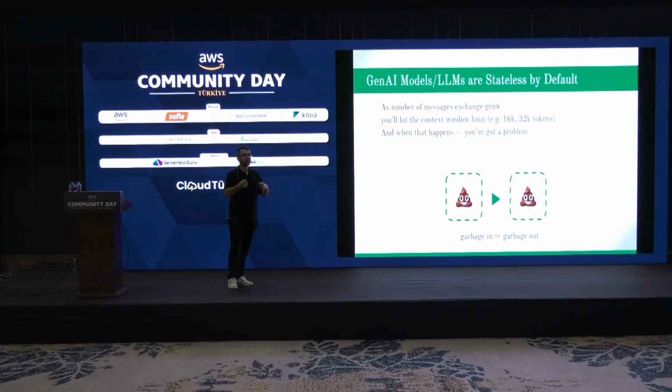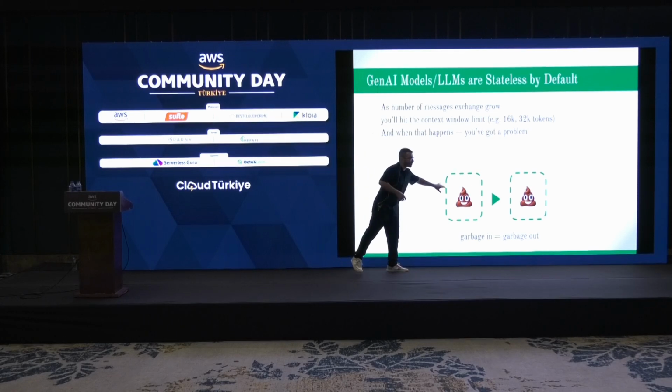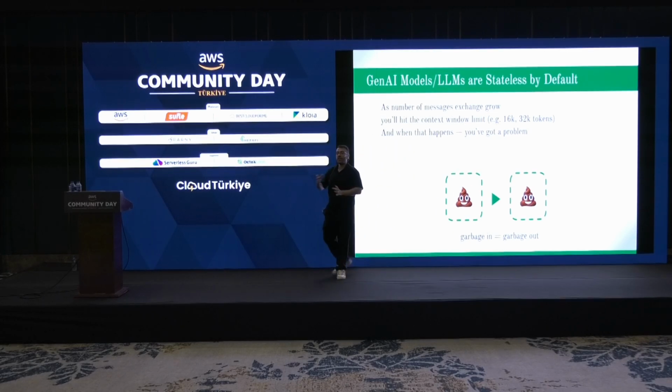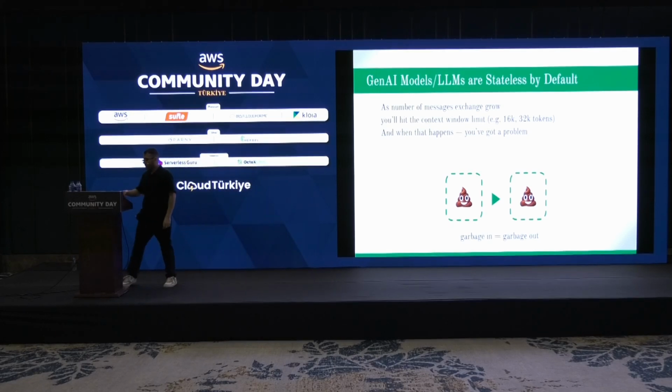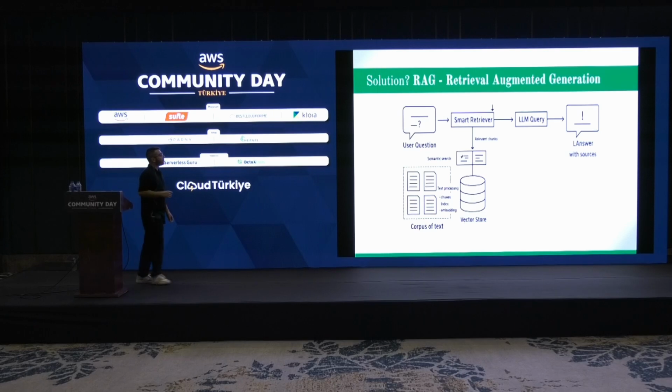And if you keep exchanging these messages, the context window limit gets full. And when this context window gets full, the LLM is more likely to make mistakes or hallucinate some more. So if you have too much garbage in your context history, the output will degrade over time as well. And there are a few solutions that we can use to keep this problem in check.